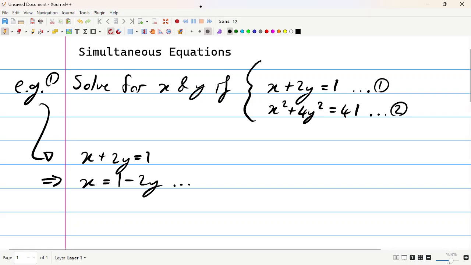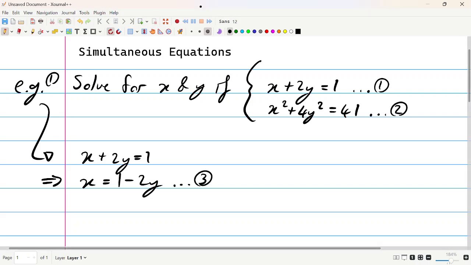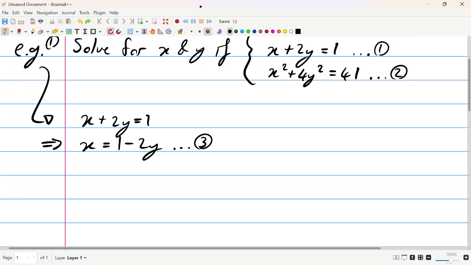Now we have our third equation, where x is equal to something. And then what do we notice here? We have x and we have y in this equation as well. But if we plug in x equals 1 minus 2y over here, then therefore we're only going to have y in the equation. Wouldn't that be perfect? So what are we going to say to the marker?